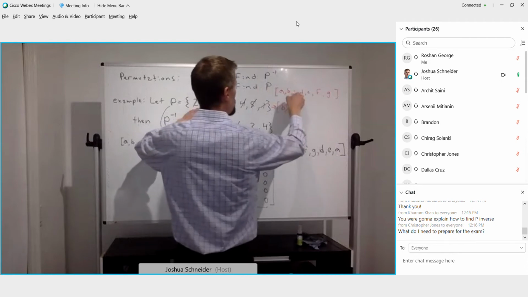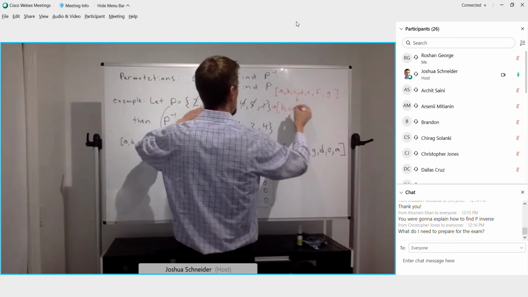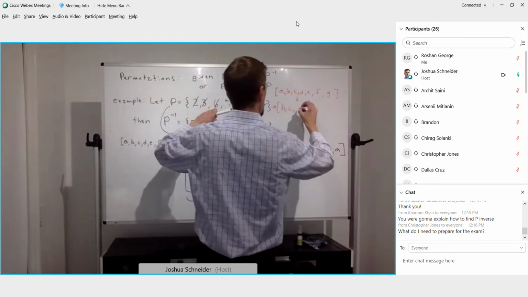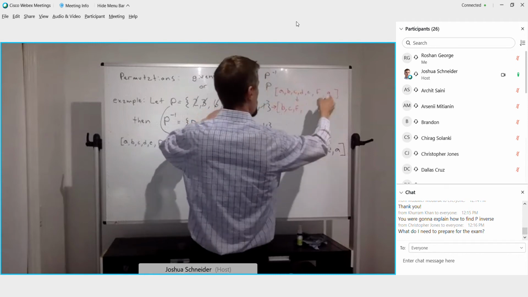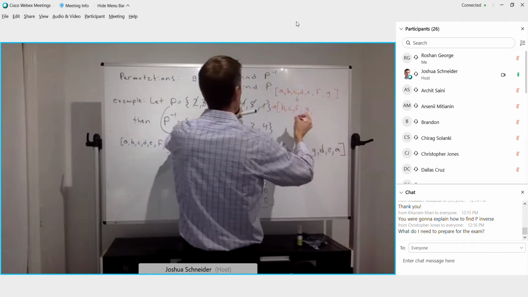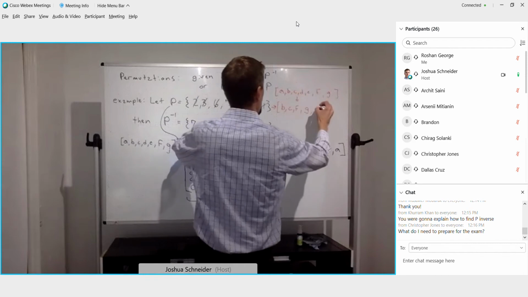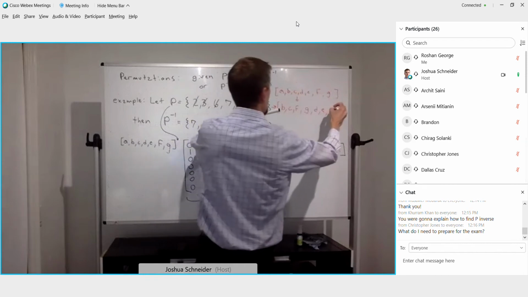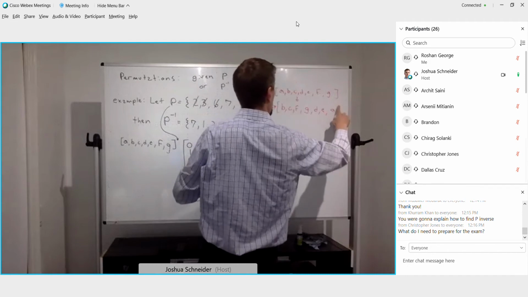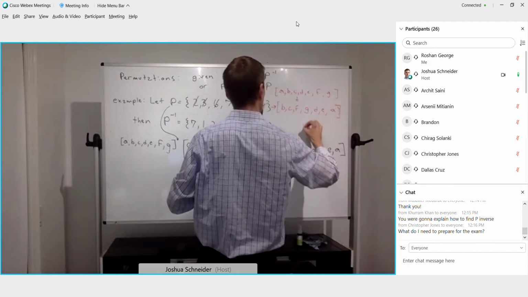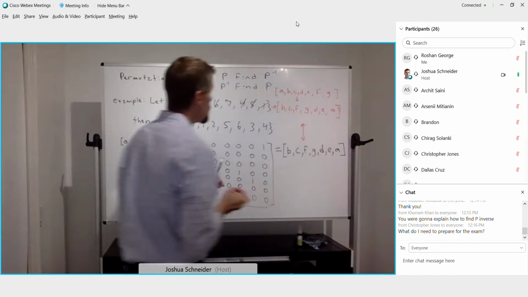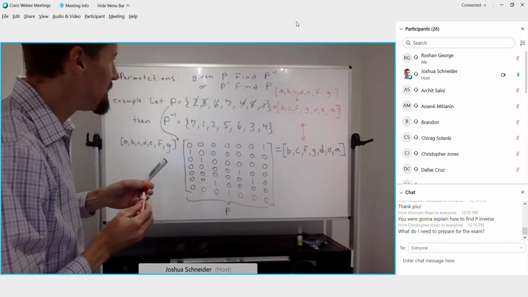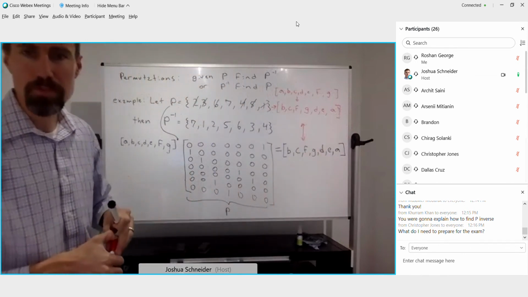Take the third element and put it second, so this would be C. Take the sixth element, this would be F. Take the seventh element, that would be G. Take the fourth element, 1, 2, 3, 4, that would be D. Take the fifth element, that would be E. Take the first element, that would be A. So there's A, and lo and behold, we have hopefully B, C, F, G, D, E, A. So we have the same result, okay?